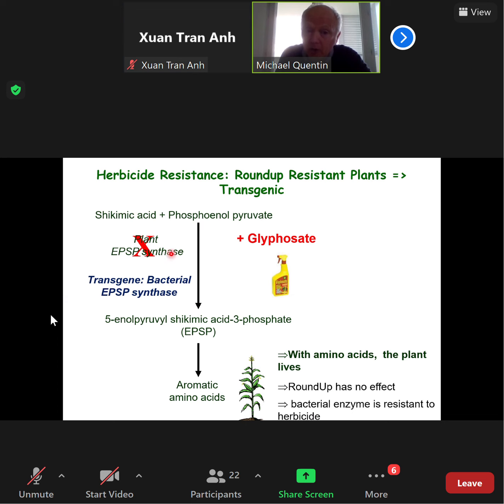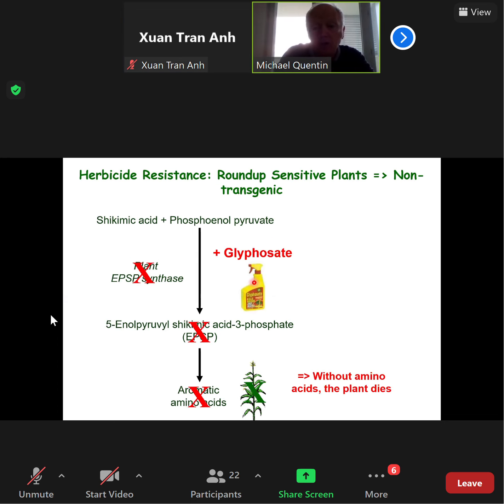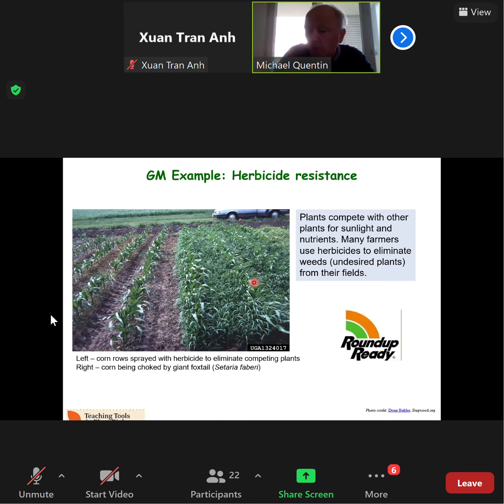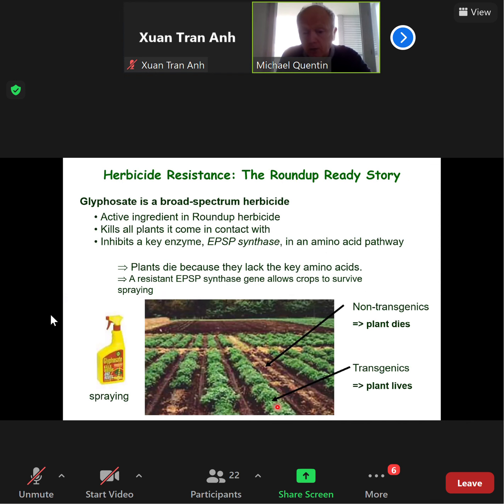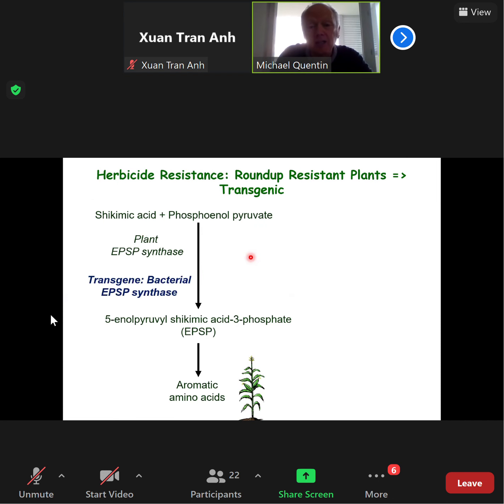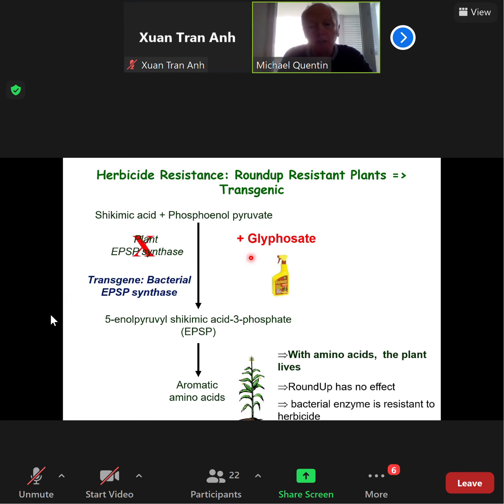All other plants that don't have the transgene will die. And that's what you could see, for example, here. The transgenic plant carrying the bacterial EPSP synthase will survive. Other plants, the non-transgenic plants, have only the plant EPSP synthase, which is targeted by the herbicide, and they will die.